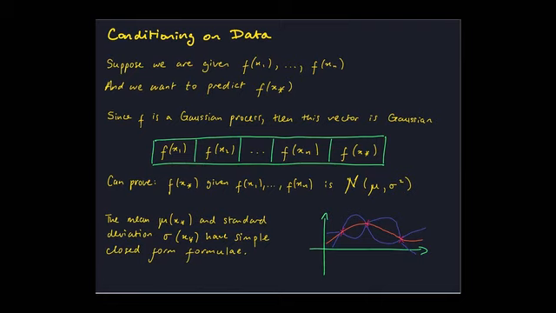Interestingly, because Gaussians are so well behaved, the conditional distribution of the last coordinate given all the early ones is itself Gaussian. So there's a formula for the mean and a formula for the standard deviation, and it's a closed form expression just involving evaluating the covariance matrix on the input points.